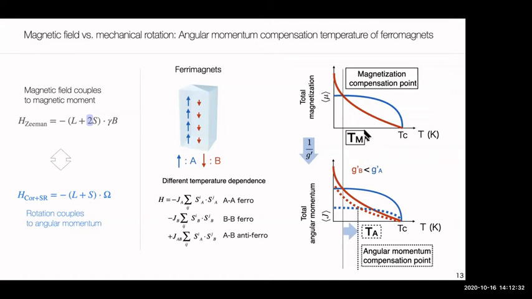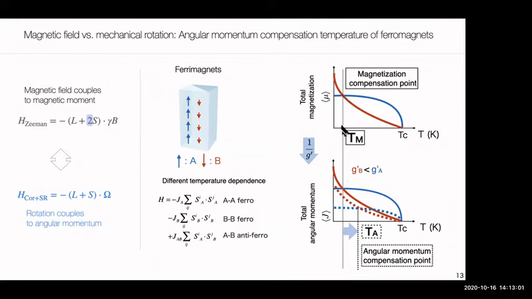This figure shows the temperature dependence of the magnetization for the A sublattice and B sublattice. Due to the different temperature dependencies, the total magnetization vanishes at this temperature, and this is the magnetization compensation point.